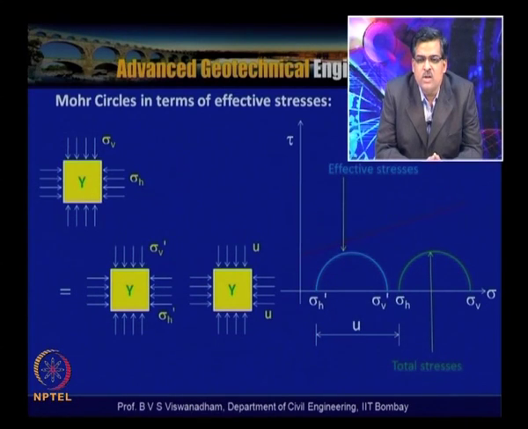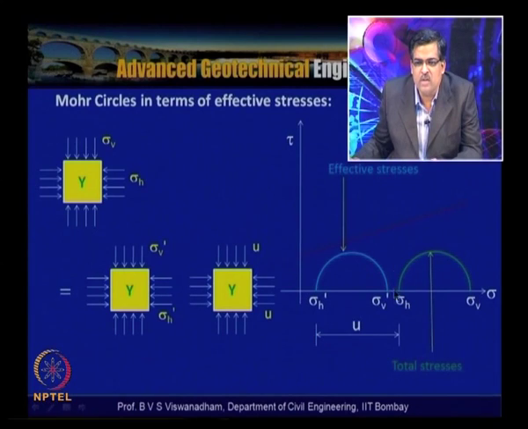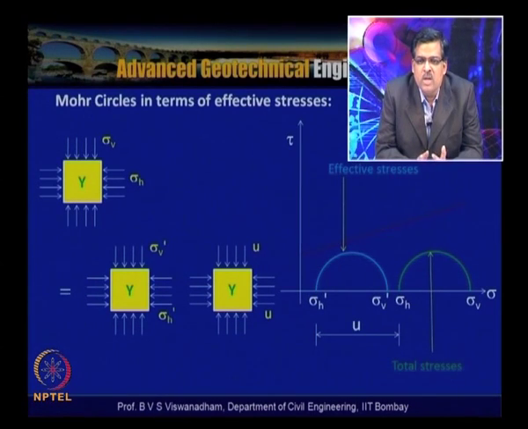So for the total stresses, the Mohr circle shifts by a difference, that is u. So sigma h dash is equal to sigma h minus u. By that the circle becomes shifted, and here we actually have failure envelopes for effective stress conditions and for total stress conditions. They are different, so they can yield different combinations.